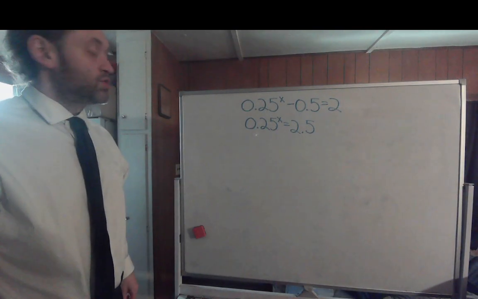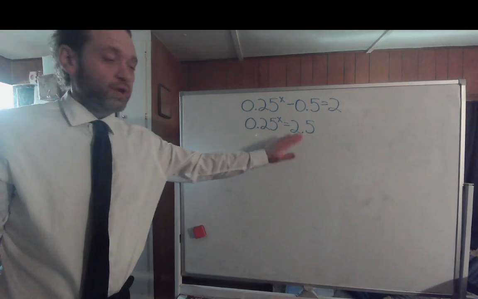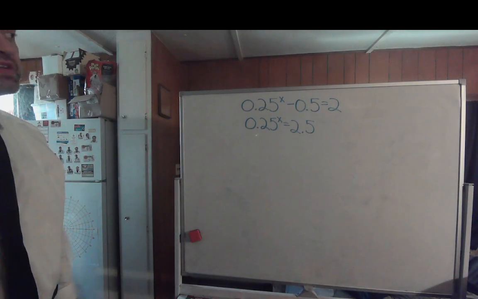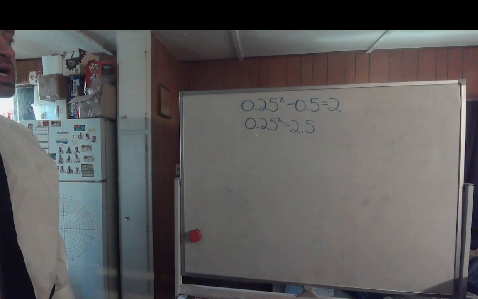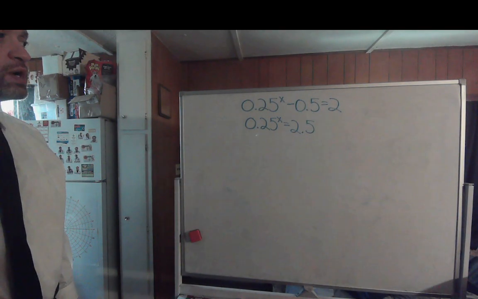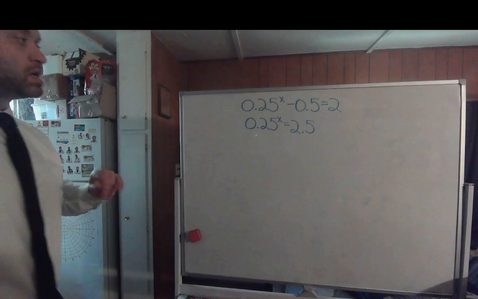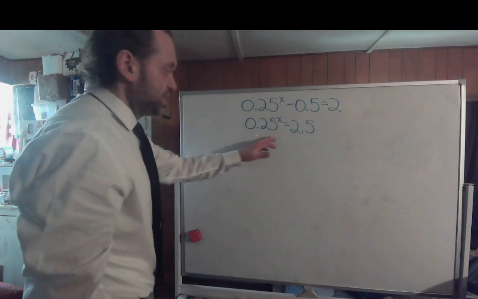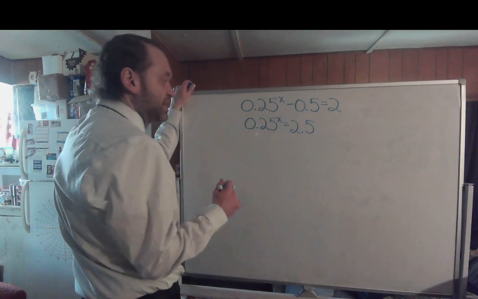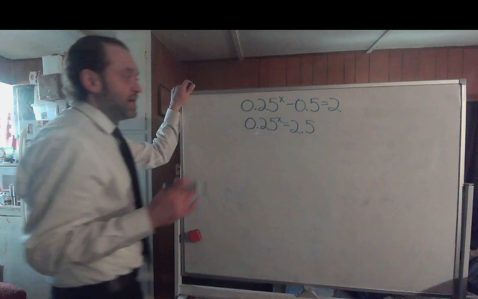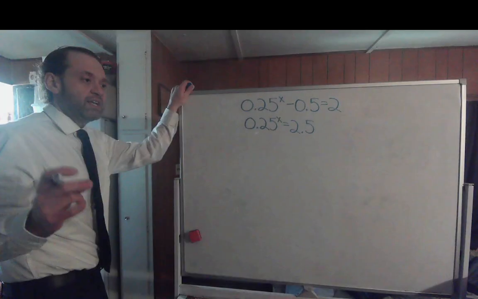There's really no direct way without using decimals to relate the bases of 0.25 and 2.5. Now actually there is, I'm sorry. Because what is 0.25? Isn't that the same as 25 times 10 to the negative second?